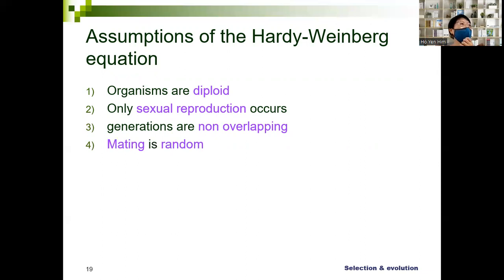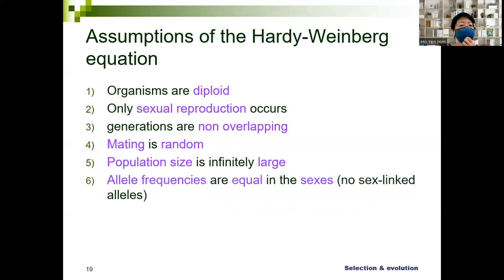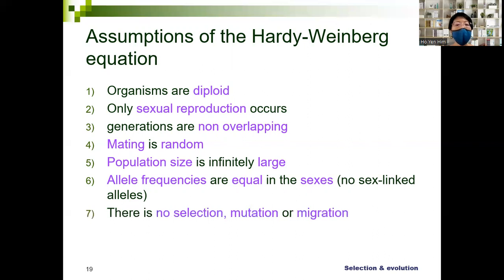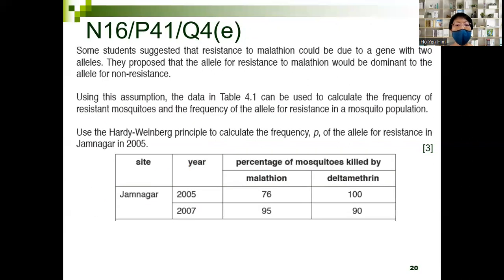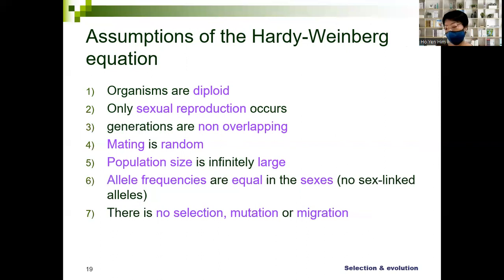Your parents and you, we don't calculate together, so this one is just an assumption. Mating is random. Population size is infinitely large. Allele frequencies are equal in the sexes, no sex-linked alleles, so the allele must be on an autosome, not a sex chromosome. There's no selection, no mutation, no migration. So those are the assumptions if you want to use the Hardy-Weinberg principle.